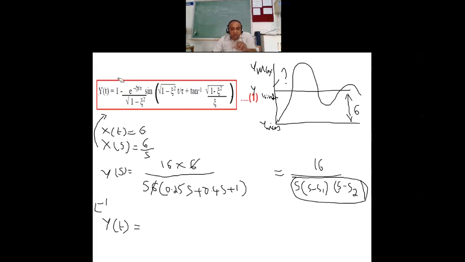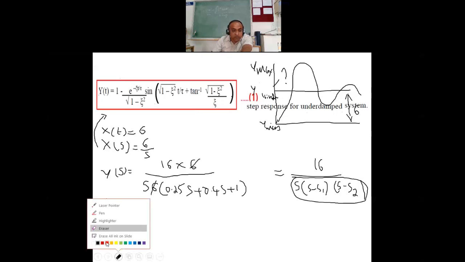So this is already the step response for the underdamped system. If you try to solve for the denominator, you get in the same fashion, 16 as it is.